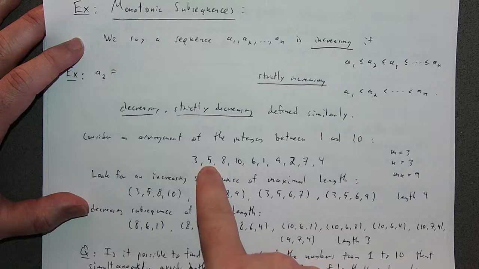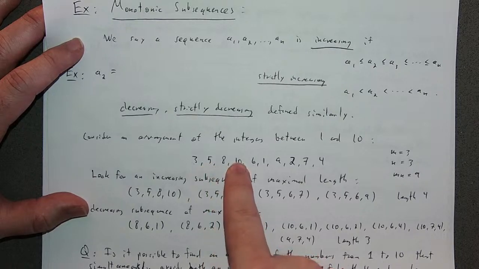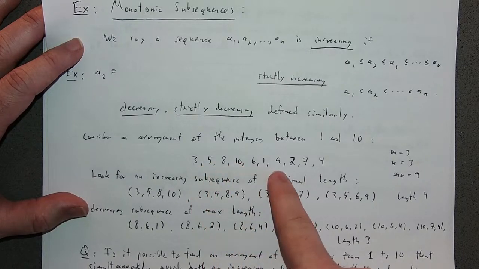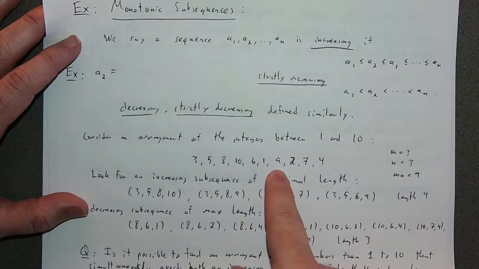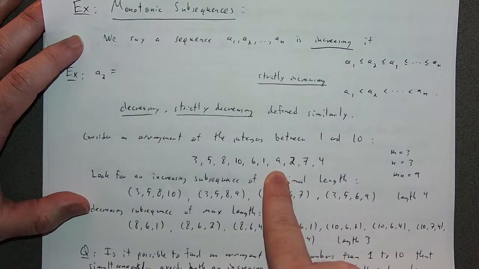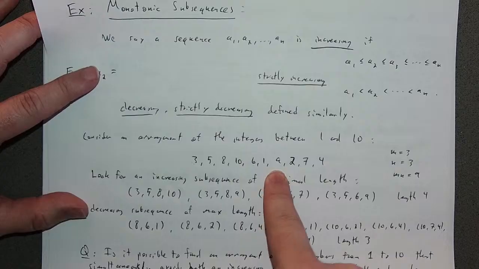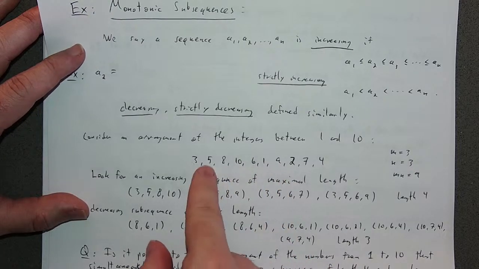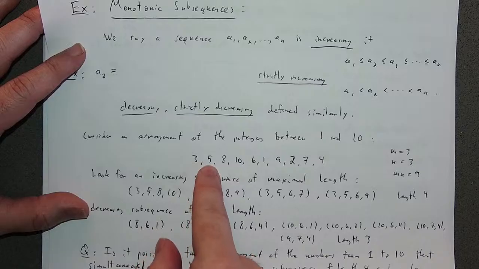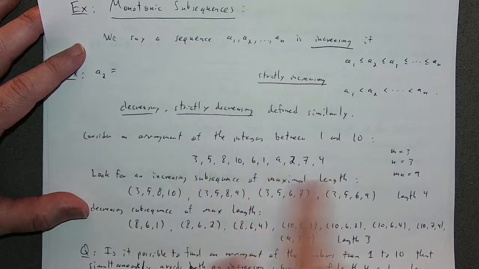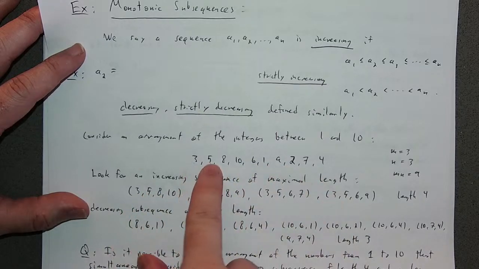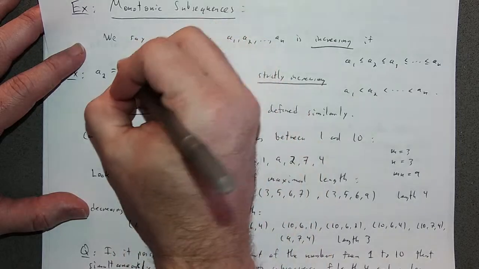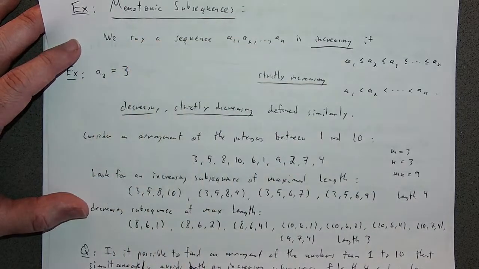So 5, 8, 10, or 5, 8, 9 will work. Both of those have length 3. Can I do better than that starting at 5? No, all of the length 4 ones started with 3. So starting with 5, the max I can get is 3.